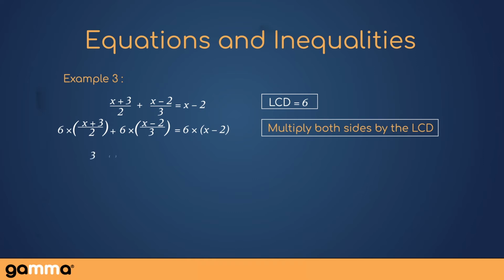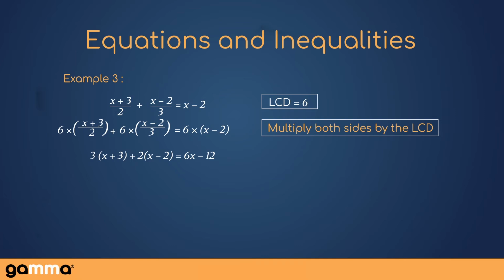So we'll have 3 into x plus 3 plus 6 divided by 3 will give us 2. So we'll have 2 into x minus 2, which is equal to, multiplying 6 by x, we'll have 6x. Multiplying 6 by minus 2, we'll have minus 12.